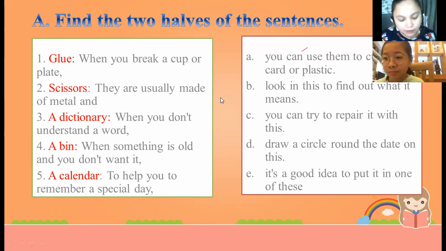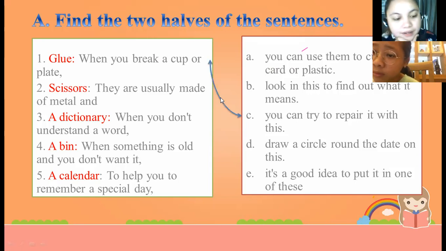So number one, when you break a cup or plate, you can try to repair it with this.